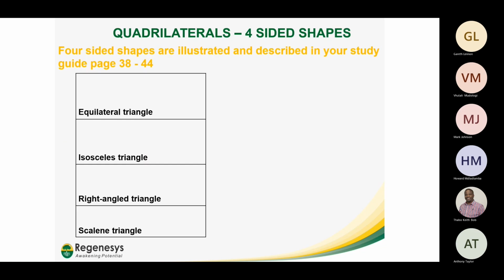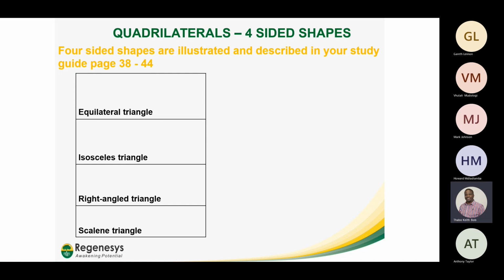And obviously there will be quadrilaterals, four-sided shapes that we can also look at on your page 38 and 44. Four-sided shapes are illustrated and described in your study guide.